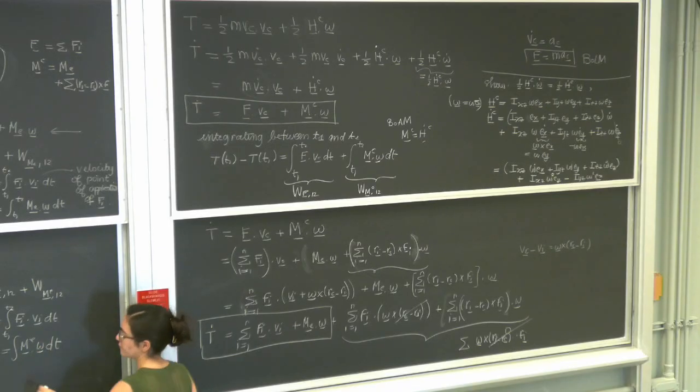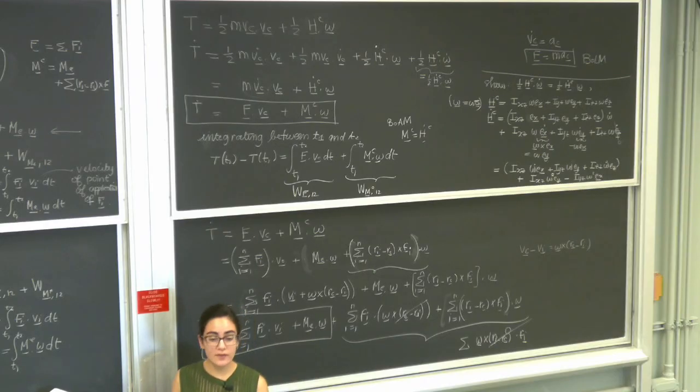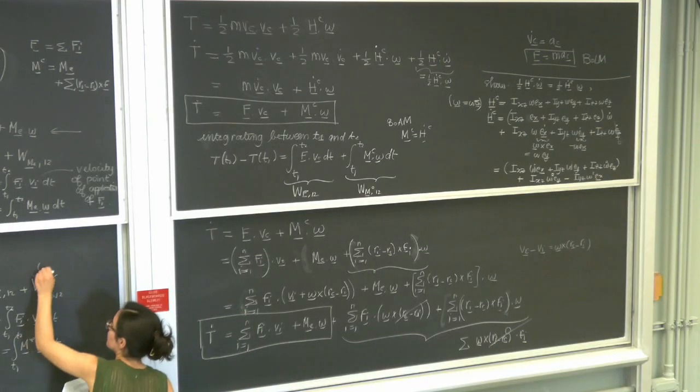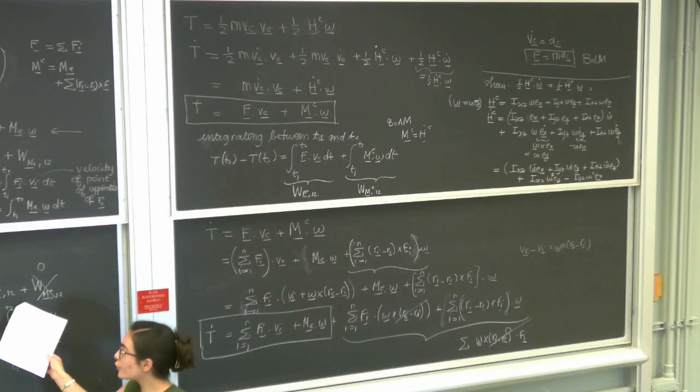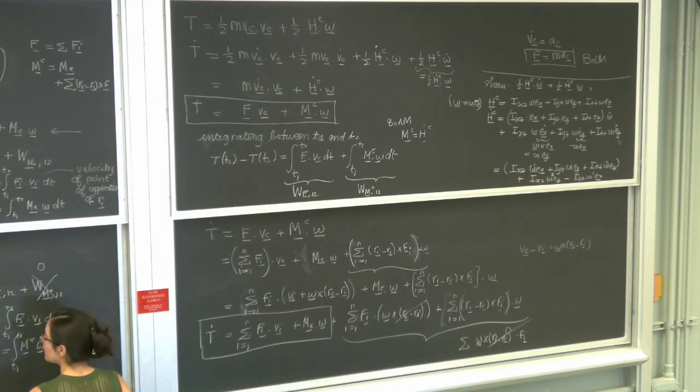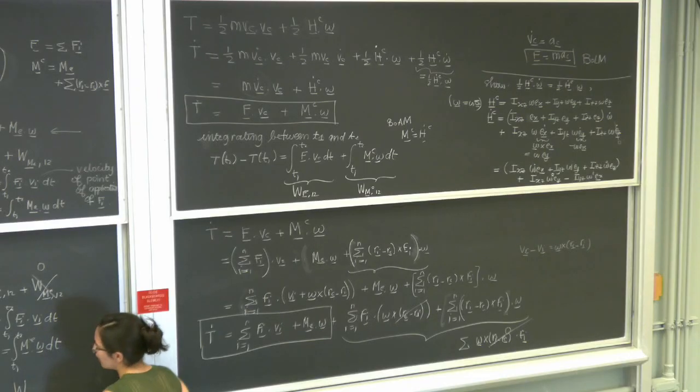Do we have any couples in this problem? No. So this term is 0. What about the work of the forces? Well, we have the work of the weight plus the work of the reaction force at O, right?